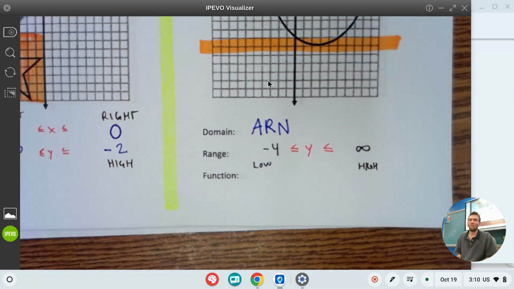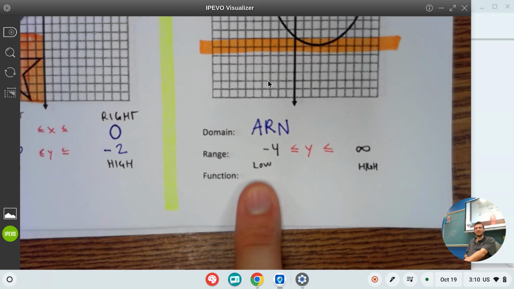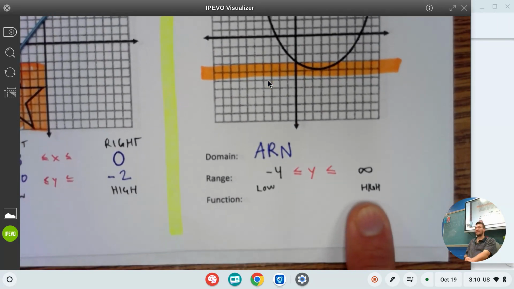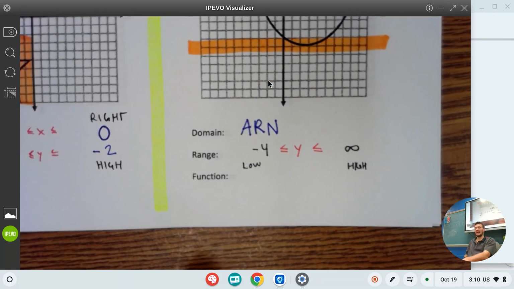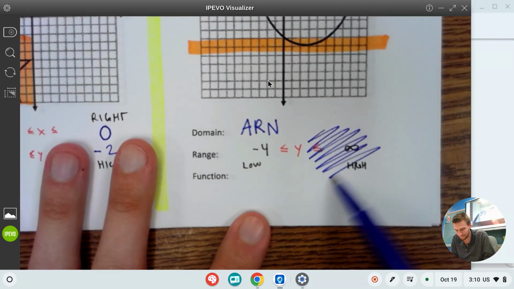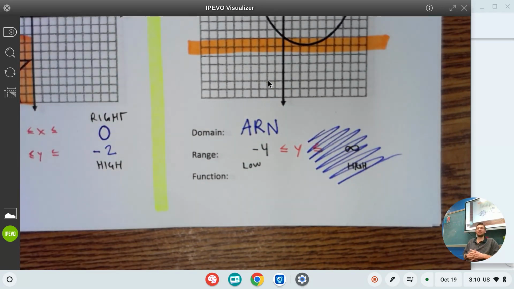So, once we get this set up, here's what I'm trying to tell you before we had a whole bunch of chatter going on. In Algebra 1, the low number is -4, the high number is infinity, but here's the good news: in Algebra 1, you don't have to write the infinity at all. This whole half over here, you don't have to write it. Trust me, cross it off.